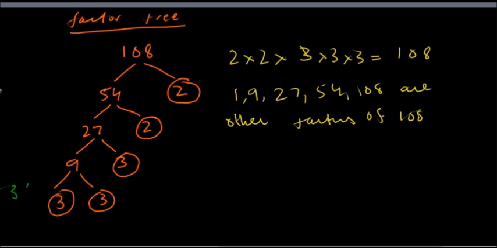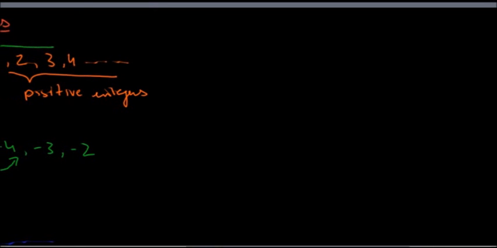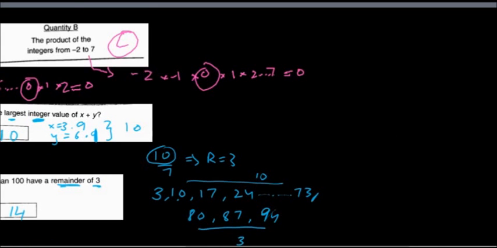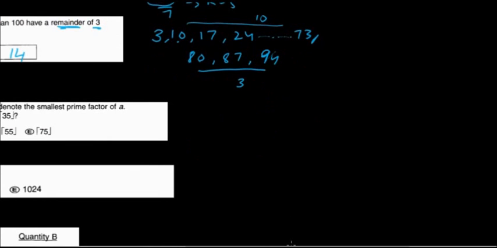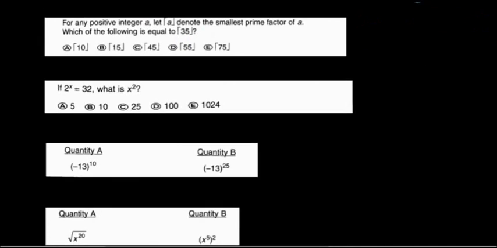Alright, let's do a GRE problem on factors. So here's our factor problem. For any positive integer a, let [a] denote the smallest prime factor of a.